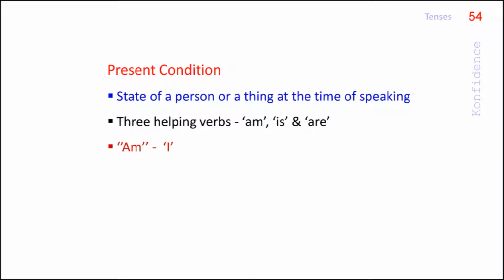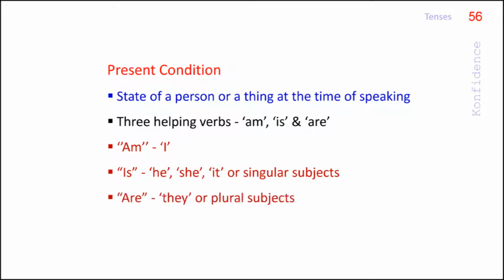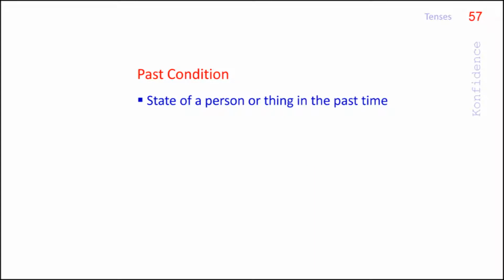Am is used with I, is used with he, she, it, or singular subjects, and are is used with they or plural subjects. Past condition indicates the state of a person or thing in the past time, not now.